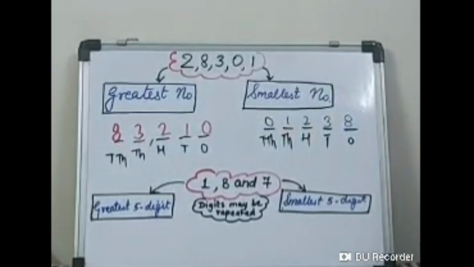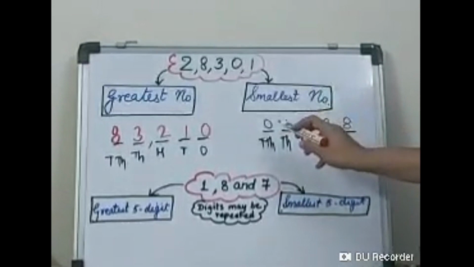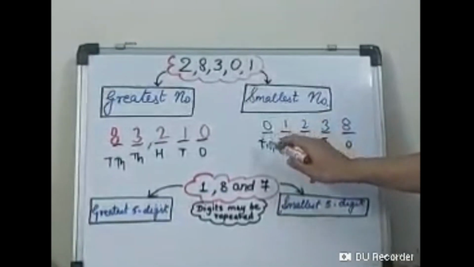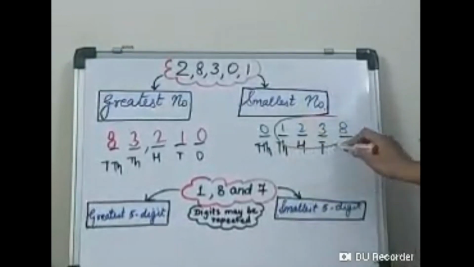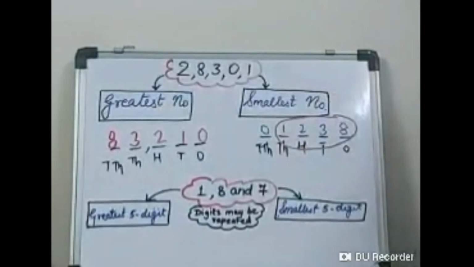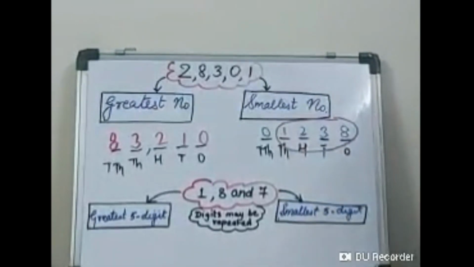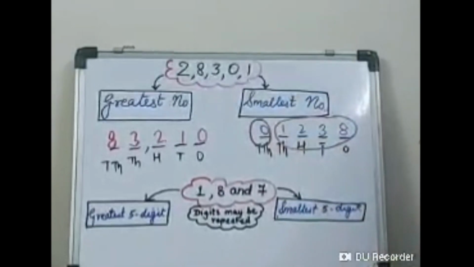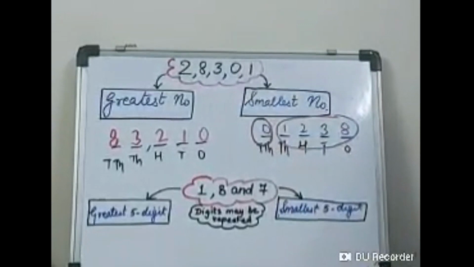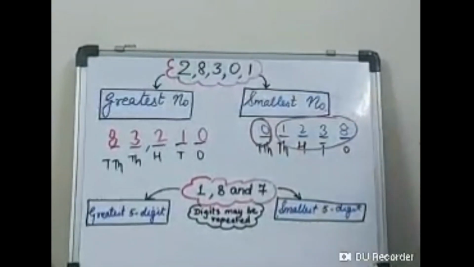But children, what I observed over here is that when 0 comes at the first place, it becomes a 4-digit number instead of a 5-digit number. Why? Because 0 doesn't have any value. But we want to construct a 5-digit number.